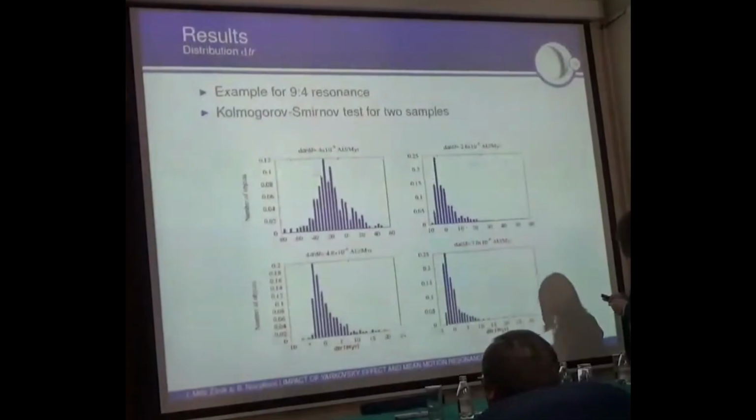We used histograms in order to see some facts about our distribution of time, and this is for our 4 resonances. Of course, we applied the Kolmogorov-Smirnov test for 2 samples in order to check whether our 2 samples have the same or a similar distribution, and the result was positive. Our data here is, as you can see, a very similar distribution.